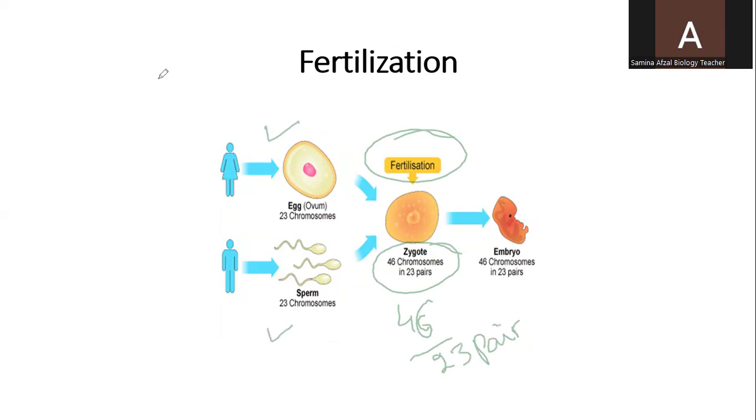Many divisions take place in the zygote, and as a result of many cell divisions, an embryo forms, which will also have 46 chromosomes. So this is the fertilization which takes place in human beings.